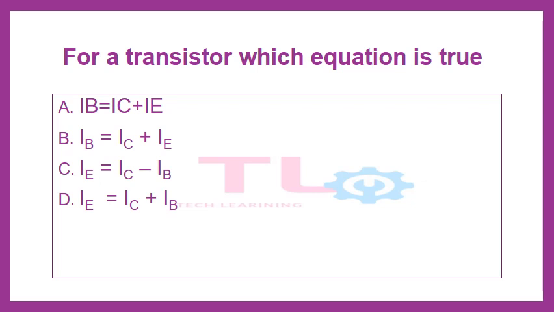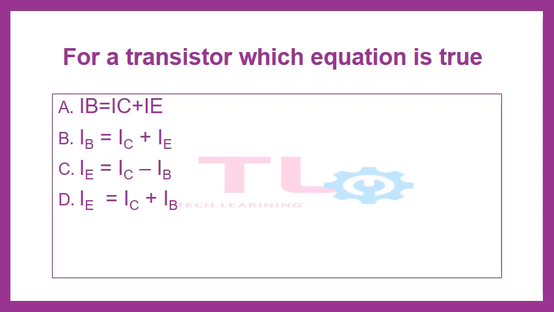For a transistor, which equation is true? Option A, IB equal to IC plus IE. Option B, IB equal to IC plus IE.